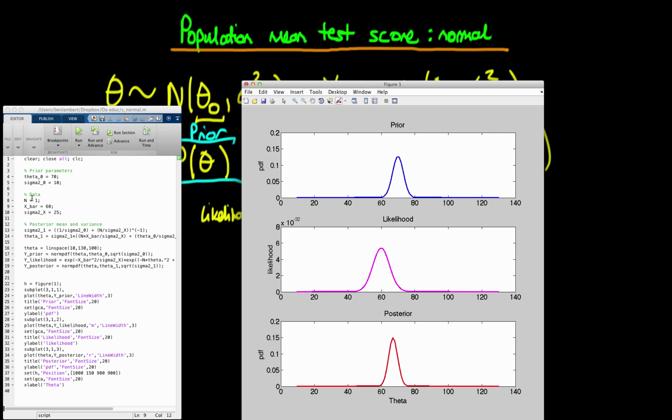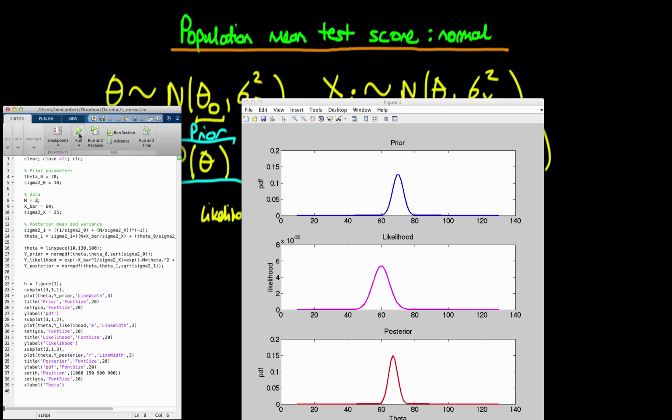So now let's imagine that we increased the amount of data which we have, so we increased the number of observations, the number of individuals in our class, to 2. What we should imagine is going to happen is that our posterior density, our posterior inferences about the population mean test score, should weight slightly more towards the likelihood because we've got that much more data.